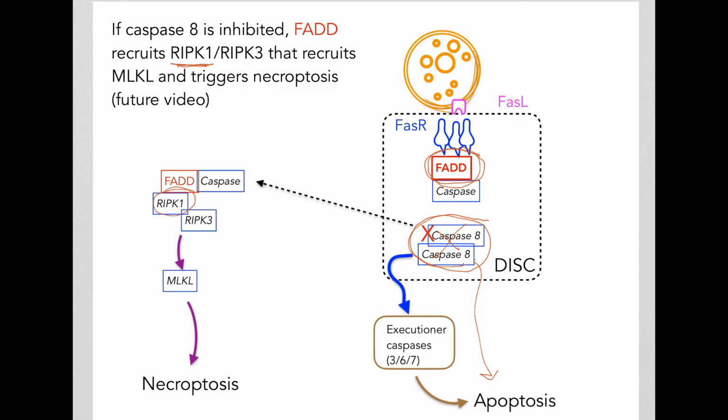It will recruit RIPK1, which will then recruit RIPK3, which will then recruit MLKL, and this will trigger cell death by necroptosis. This is something we'll talk about in a future video. So in any scenario where caspase-8 is inhibited, this cell can still die. In this case, it will die not by apoptosis, but by necroptosis.